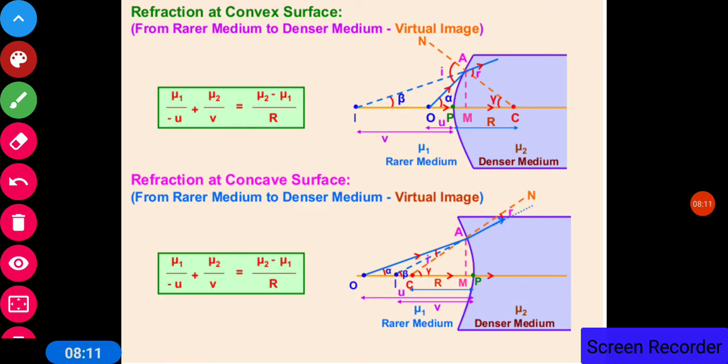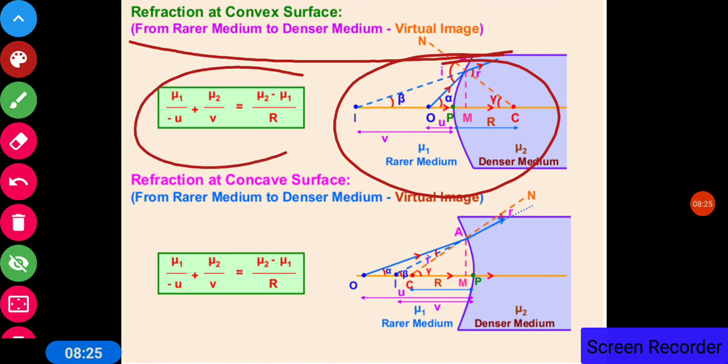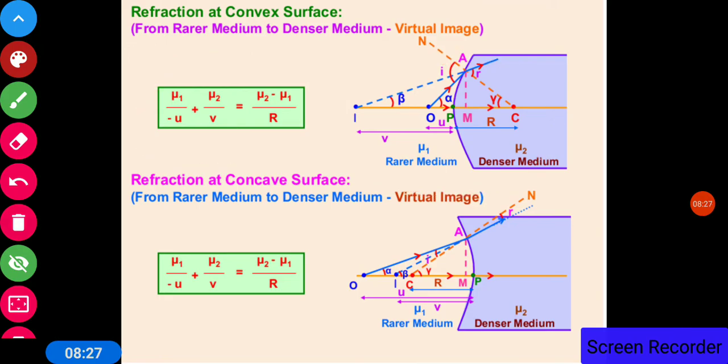Now, refraction at a convex surface, but here the image is virtual. The only difference is in the ray diagram. The final result is the same, so you have to draw the diagram very carefully. Here the object is O, with an incident ray.